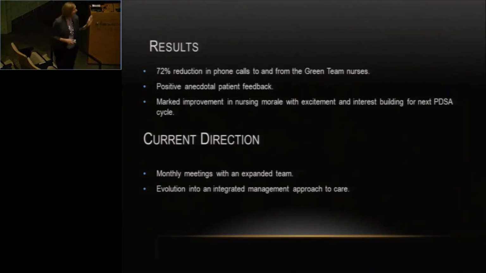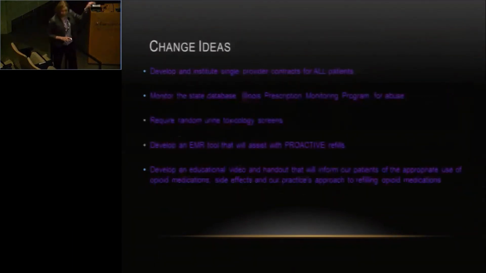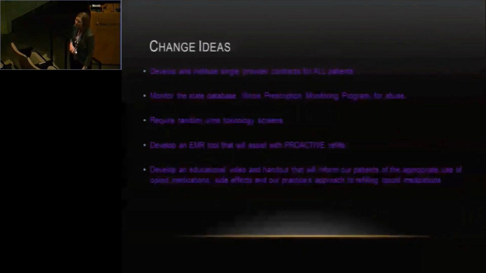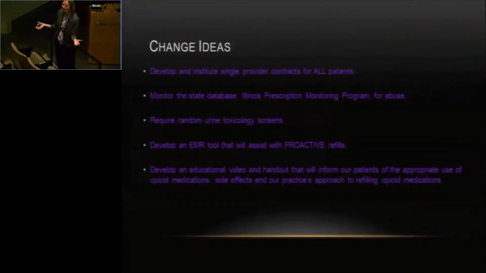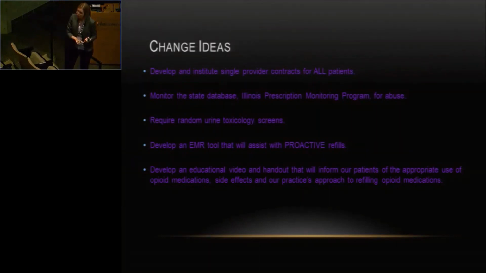Okay. And just all of these change ideas, we're doing all of these now. Okay. And we have a grant for patient education stuff, and we have a whole process on how we manage opioids now. So we didn't just tell patients not to call anymore, and we didn't just put everybody on recurring prescriptions. We now have a structure for when we do urine tox screens. We now have a structure for pill counts.